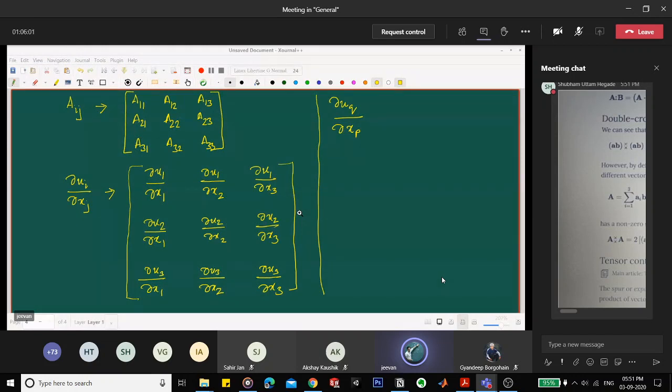We can see that for any dyad formed from 2 vectors A and B, its double cross product is 0. To be honest, Shubham, this double cross product, the way it has been represented here, I am coming across for the first time. Nowhere in any research paper have I come across this before. So honestly, my answer is that I don't know.